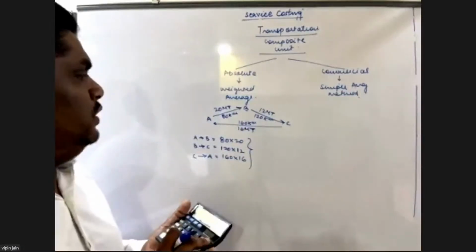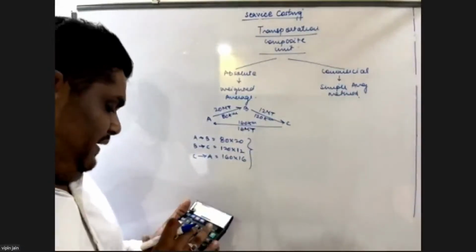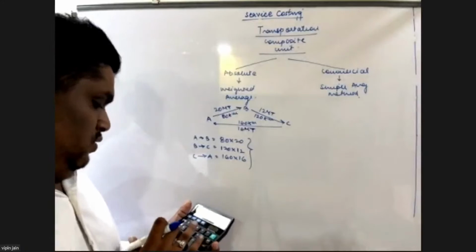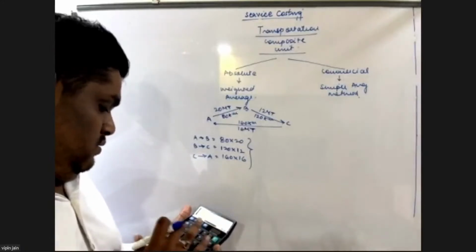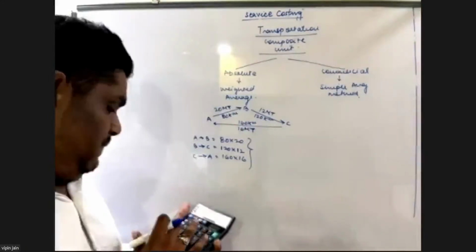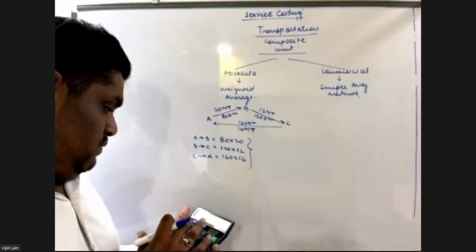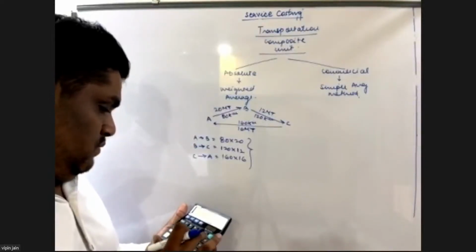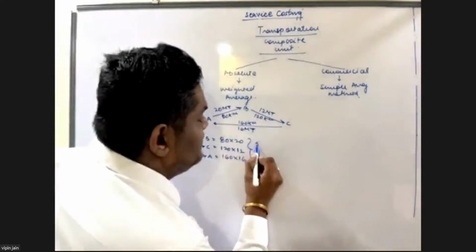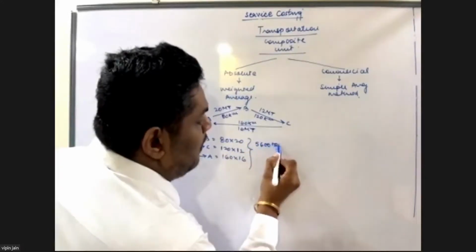So the total absolute ton kilometers will be 80 into 20 plus 120 into 12 plus 160 into 16, which is 5,600 ton kilometers.